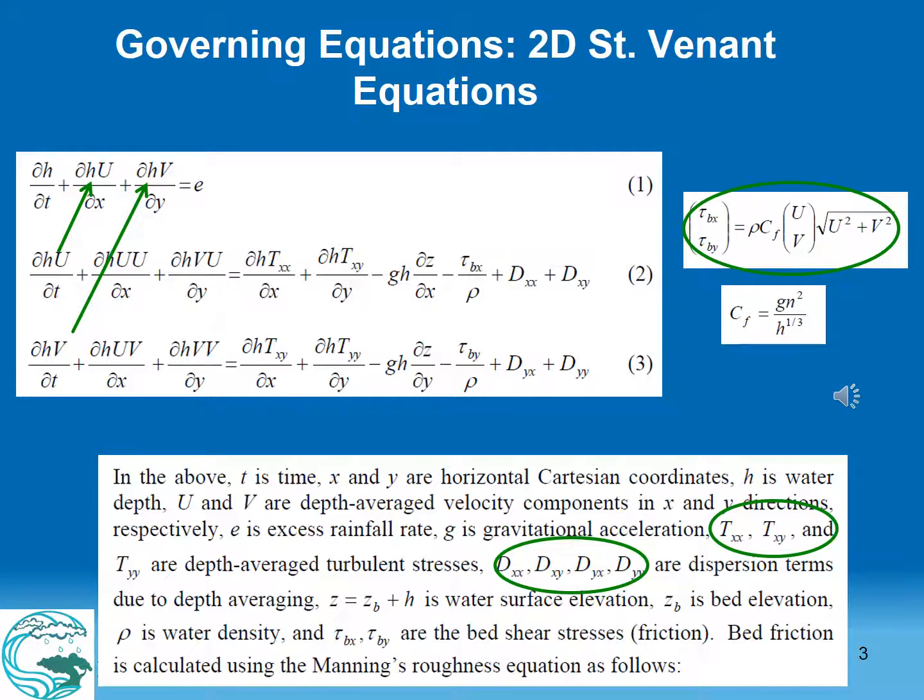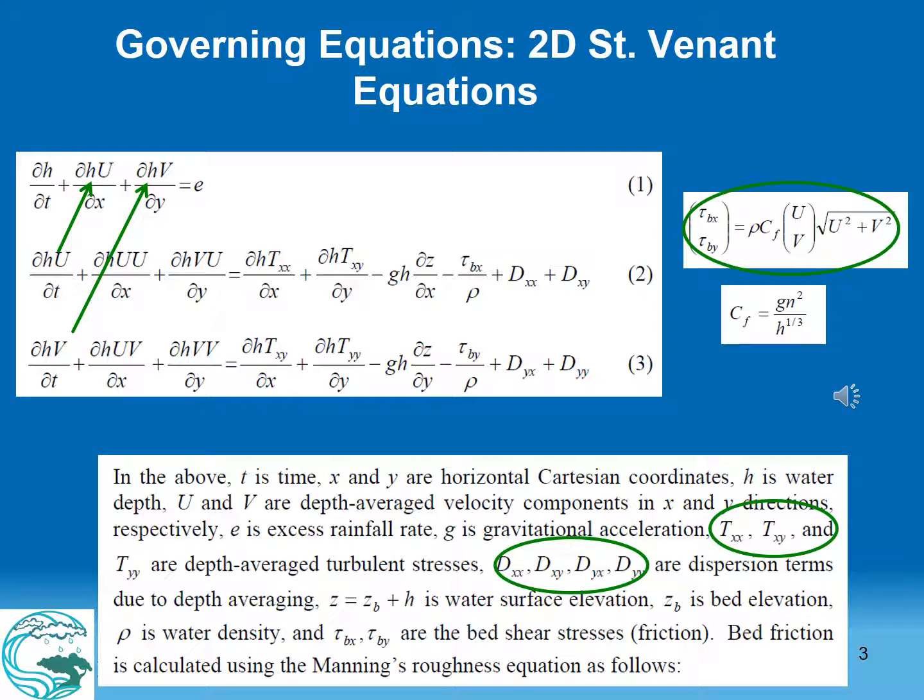Here are the governing equations used by the 2D model, the 2D shallow water equations. The 2D model uses a two-dimensional continuity equation, equation number 1, equation number 2 is the momentum equation in x direction, and equation number 3 is the momentum equation in y direction.